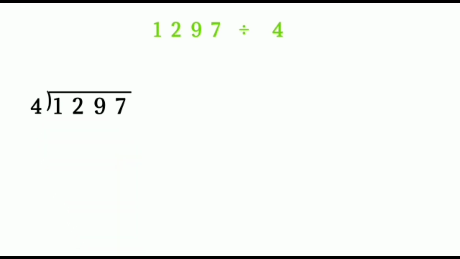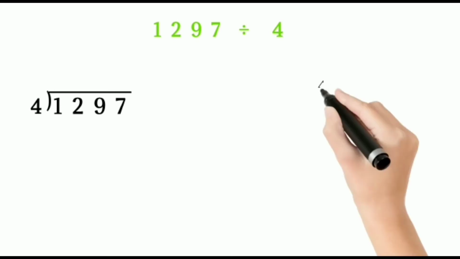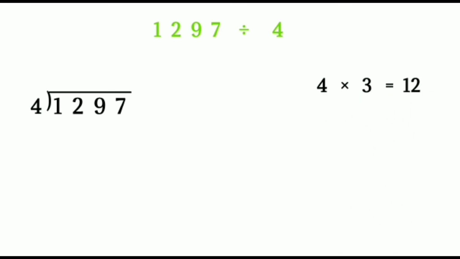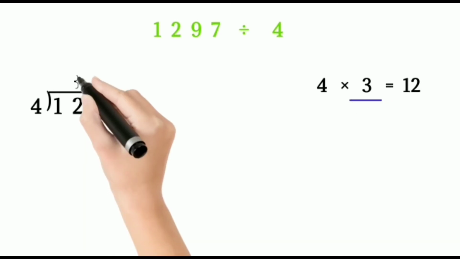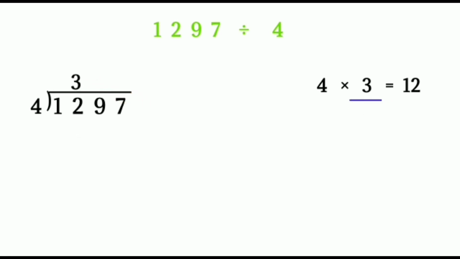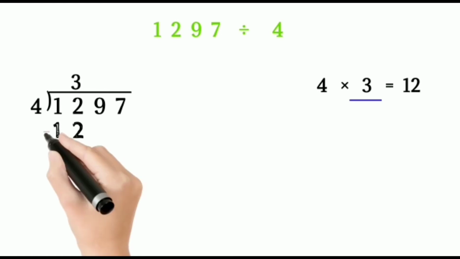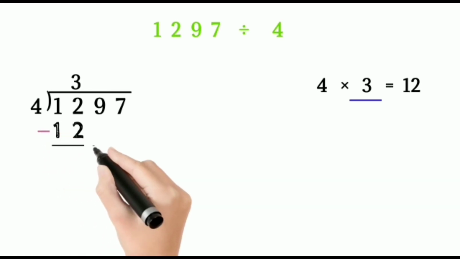Here the first digit of the dividend is 1, that is smaller than the divisor. So we take the first 2 digits of the dividend, that is 12. How many 4s can we take from 12? 4 threes are 12. Write 3 in the quotient and 12 below the 12 and subtract. 12 minus 12 is 0.